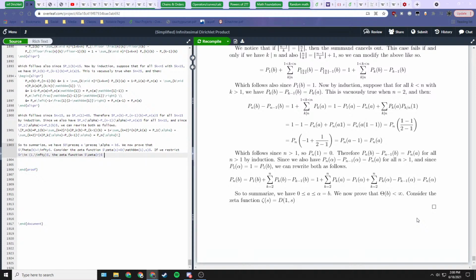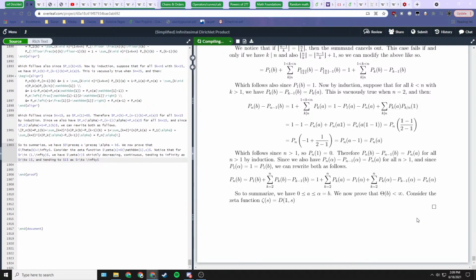Notice that for r in 1 to infinity, we have zeta of r strictly decreasing, continuous, diverging, or rather specifically tending to infinity as r goes to 1, and tending to 1 as r goes to infinity.